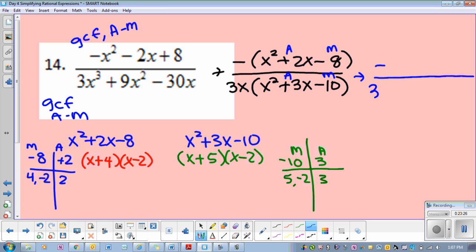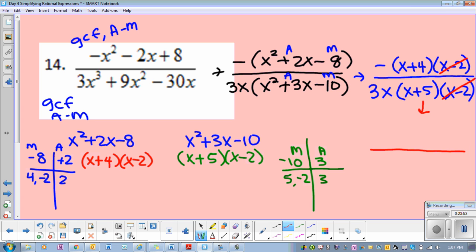It's like having a negative 1. 3x down at the bottom. So up at the top, I did it in red. I factored it. So that's x plus 4 times x minus 2. On the bottom, I have x plus 5 times x minus 2. And what is the only thing that can cancel? X minus 2's. So just make sure you clean this up and rewrite it.